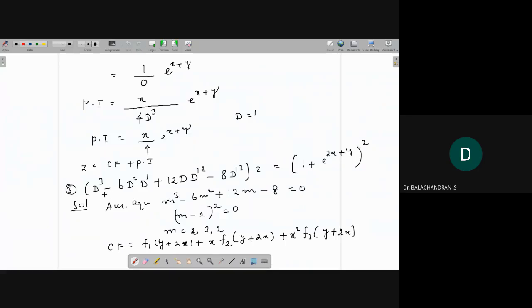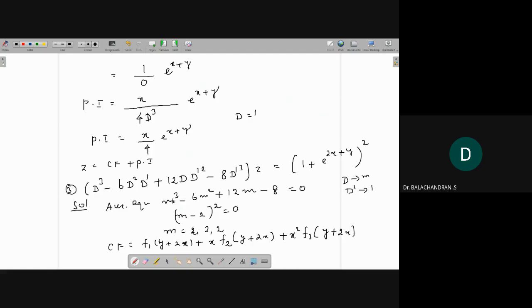The problem 3 is D cube minus 6 D square D dash plus 12 D dash square minus 8 D dash cube into z equal to, again the right hand side is 1 plus e power 2x plus y whole square. So auxiliary equation. So in auxiliary equation you should replace D by what? M and D dash by 1.